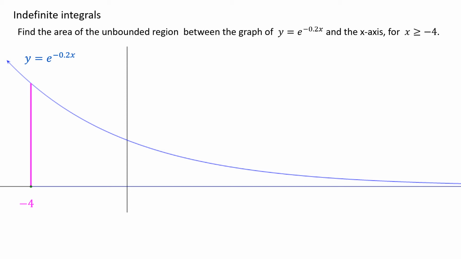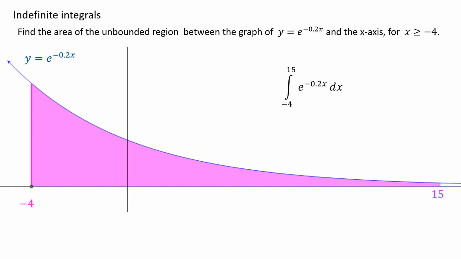Just to give you a sense of what this might mean, we could compute the area from negative 4 to 6. That would seem to cover most of the area we're trying to calculate. Or we could calculate it out to 10 or even 15. But of course, we want to find the area for all x values greater than negative 4. So what we really want to do is integrate out to infinity.